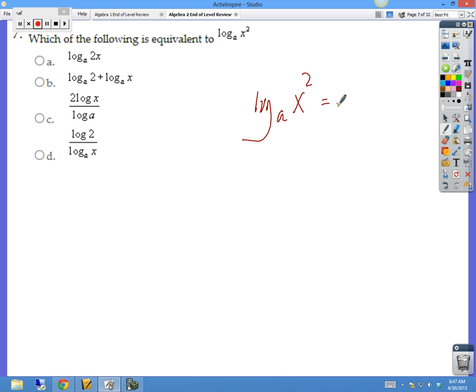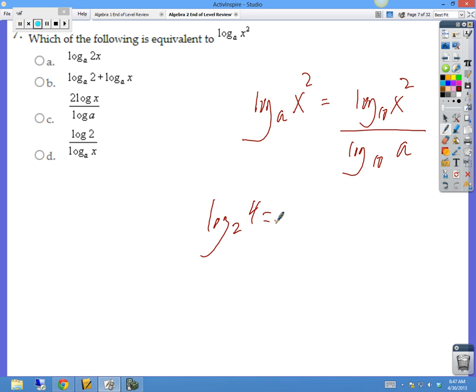If I want to change it to be the most common base, I want log base 10 of x squared divided by log base 10 of A. So if I've got log base 2 of 4 and I want to change it to log in base 10 because I don't like base 2, I go log base 10 of 4 divided by log base 10 of 2.